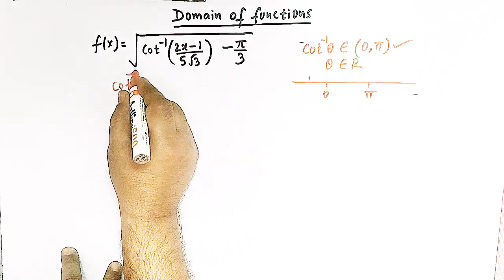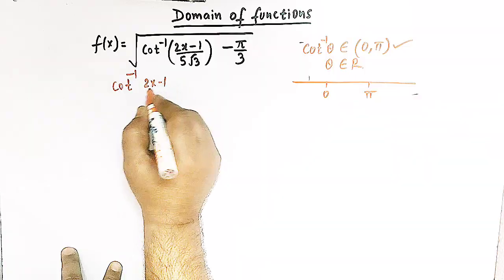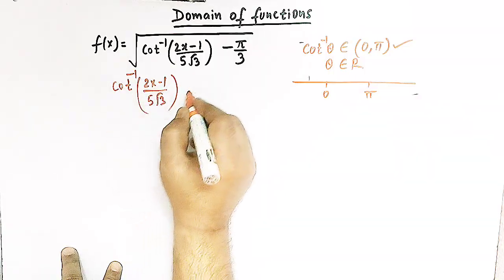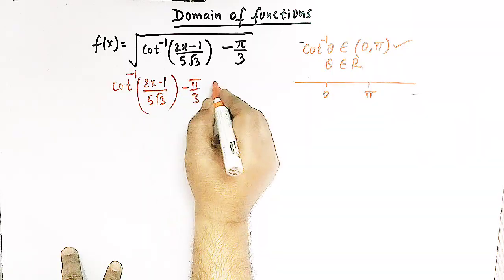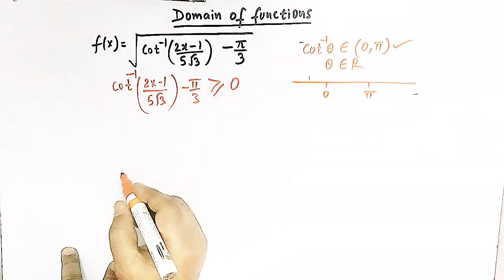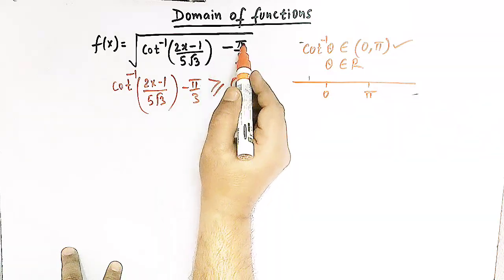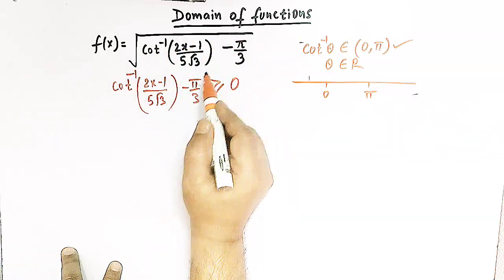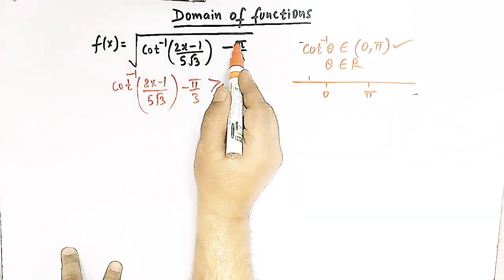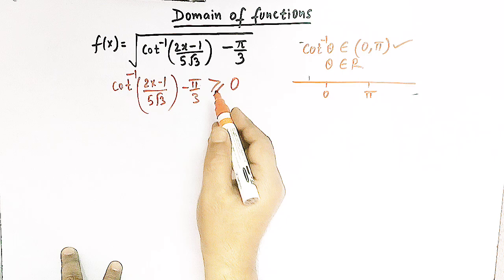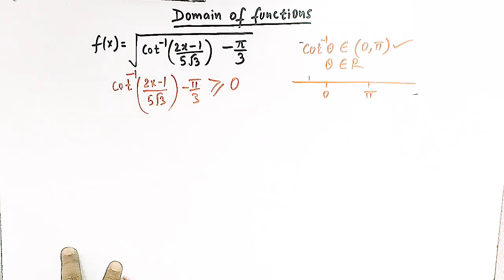So we must have cot inverse of (2x minus 1) divided by 5 root 3, minus pi by 3, greater than or equal to 0. So this term has to be non-negative, because we cannot have a negative number inside the square root sign, as in that case the number becomes a complex number. But here we are dealing with only real numbers.